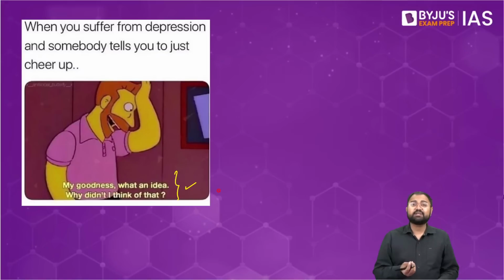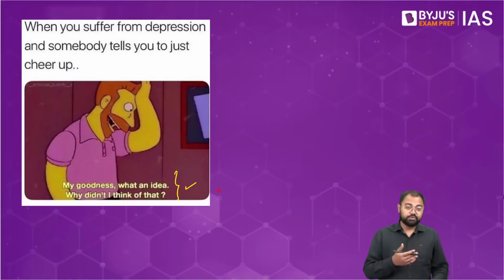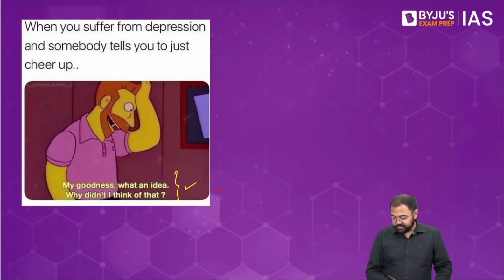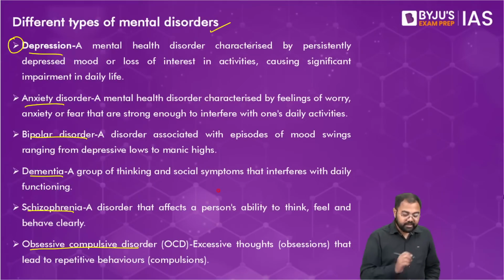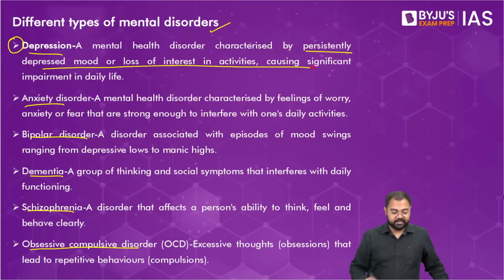So the things are so severe. There are medicines that people will have to take. They'll have to go on medication, antidepressants, and take those medicines to be in a normal state. So those things can be that severe, and it should never be just compared to sadness. And that's why it's not only about the person knowing about what is happening, because what we see is that there is a persistent depressed mood or loss of interest in activities.